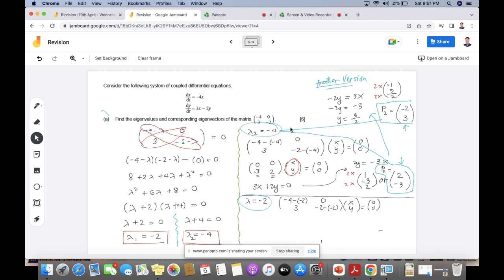So if we are going to simplify this, all right, this now becomes negative 2, 3, 0, and then 0. All right, equal to 0. Oh, wait for a while, sorry. Let me just modify this, write this properly. xy equal to 0, 0.